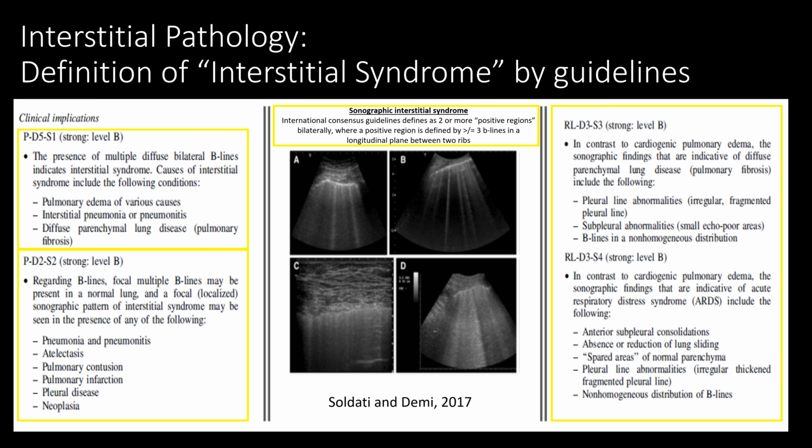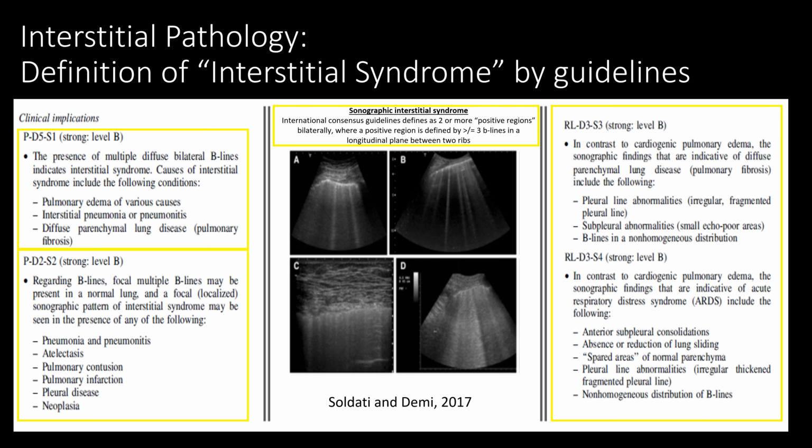Finally, on looking at the right-hand side, when we do see interstitial syndrome, there are some key features that we can use to help distinguish pulmonary edema from other causes like ILD and ARDS.